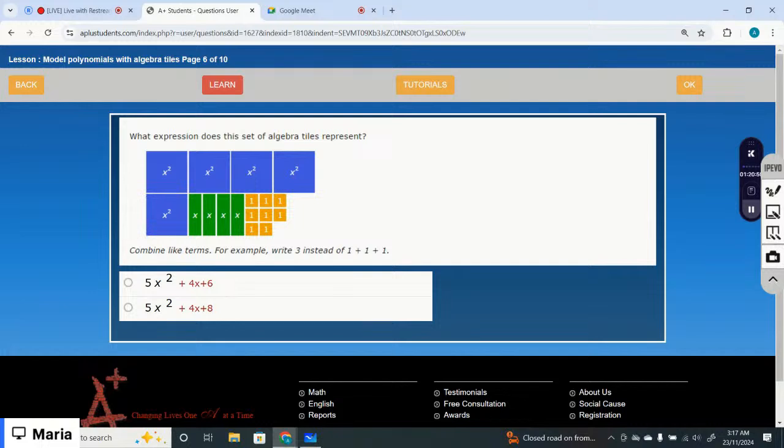That is 5x square plus 4x plus 8. Option number 2 is the correct option. Okay, you can complete the lesson by yourself later today. Let me just move on to the next lesson.